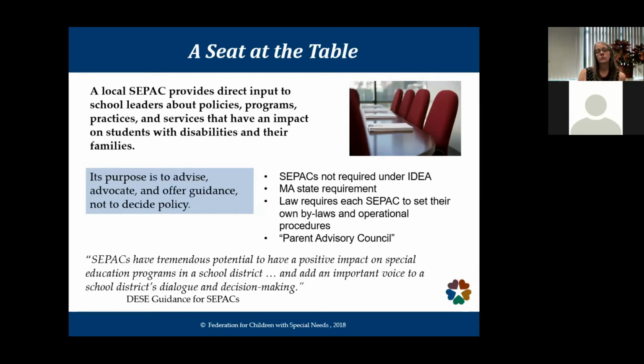Every school district runs a little differently to meet the needs of the families. So they set their own bylaws and operational proceedings. They have such an opportunity to have an impact to support families, both families that are in the system currently and the families that are coming into the system with new students with special needs. So they're really not policymakers, but offering advice to the policymakers.